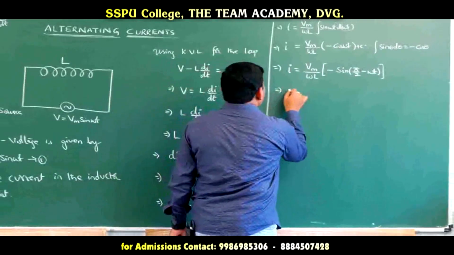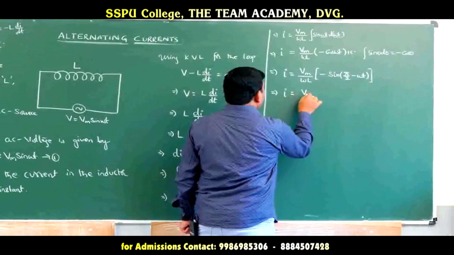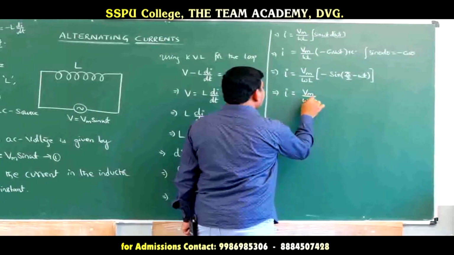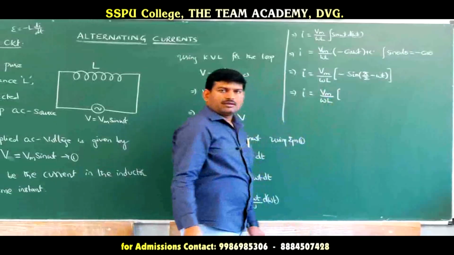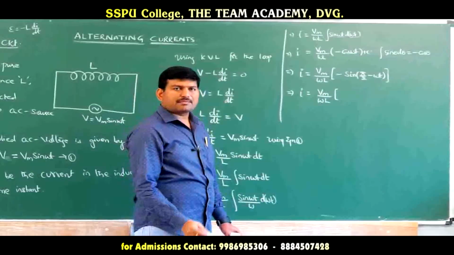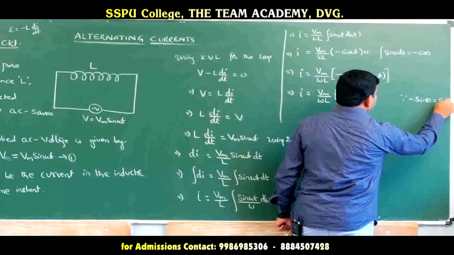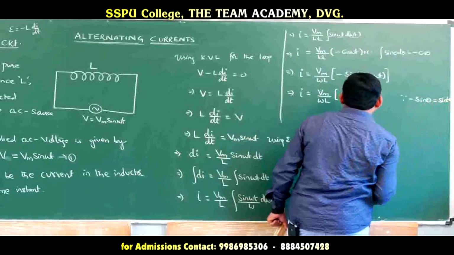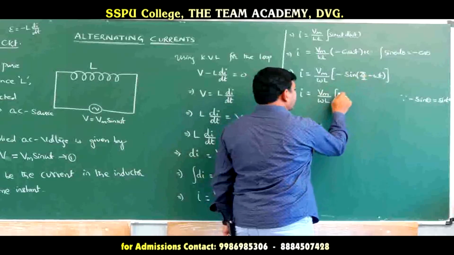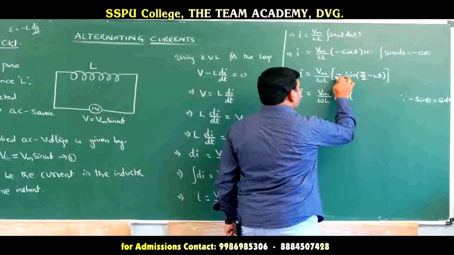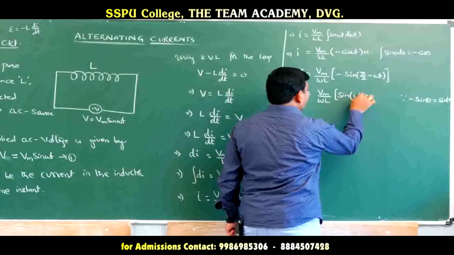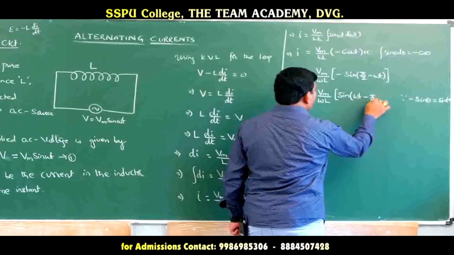Now I is equal to Vm divided by omega L into minus sin of pi by 2 minus omega t. Sin of minus theta is nothing but minus sin theta. So you take the minus inside, then I can write it as sin of minus pi by 2 plus omega t, that is, omega t minus pi by 2.